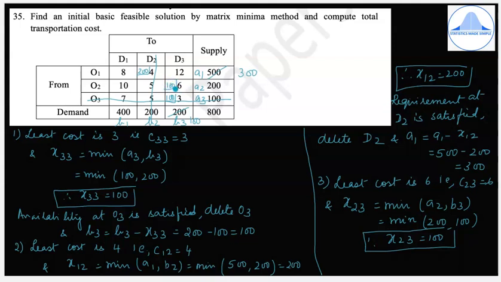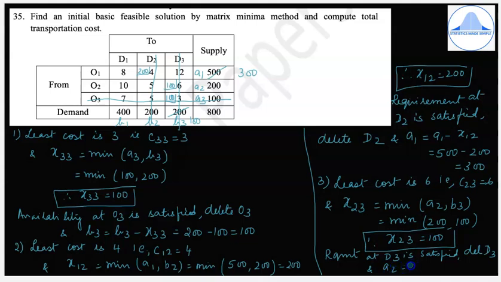Now you see that 100 matches with the requirement at D3. So requirement at D3 is satisfied. So you will delete D3, and then what happens is the availability will change.